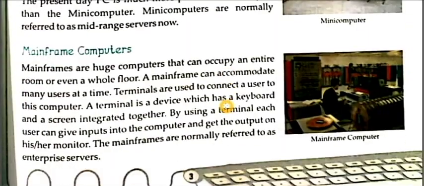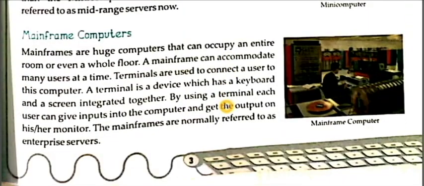Mainframe computers. Mainframes are huge computers that can occupy an entire room or even a whole floor. A mainframe can accommodate many users at a time. Terminals are used to connect a user to this computer.